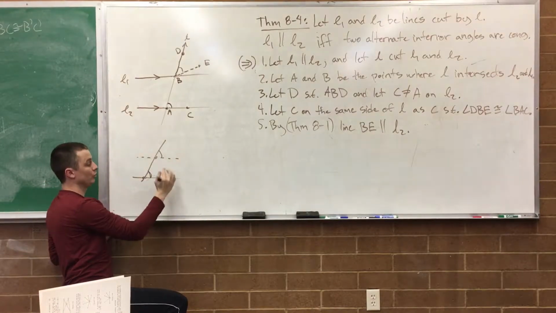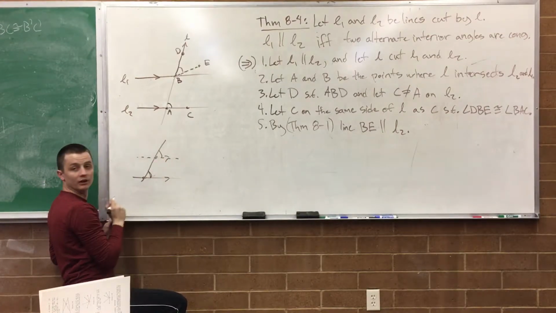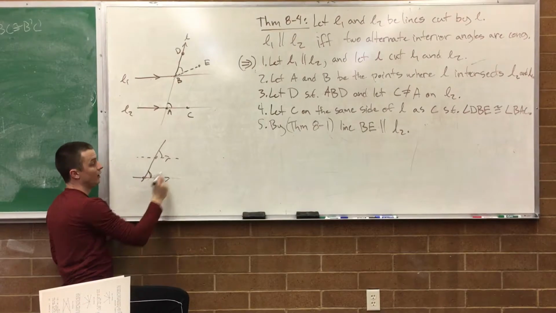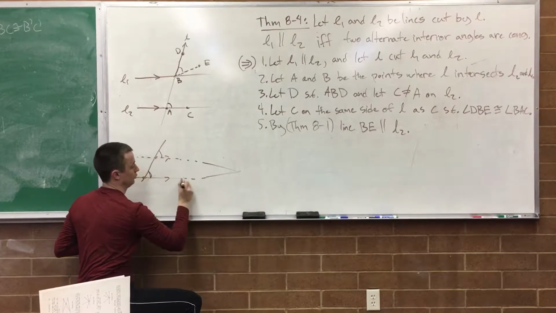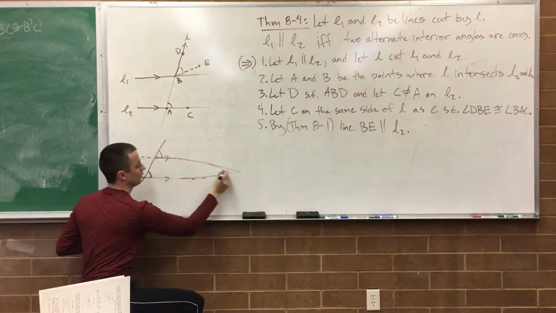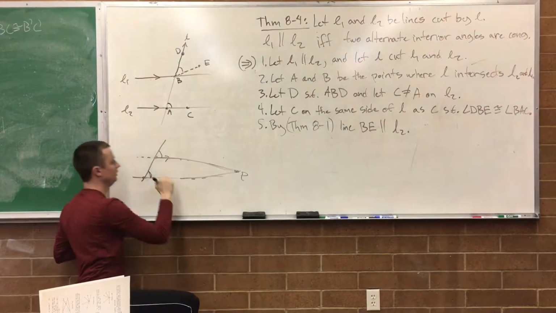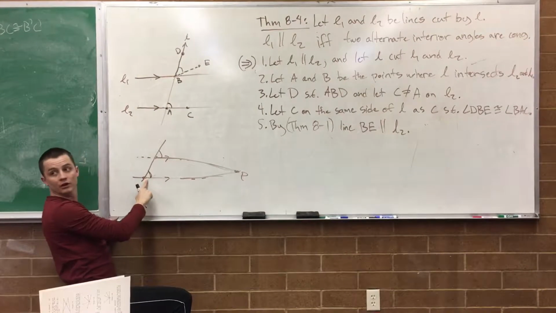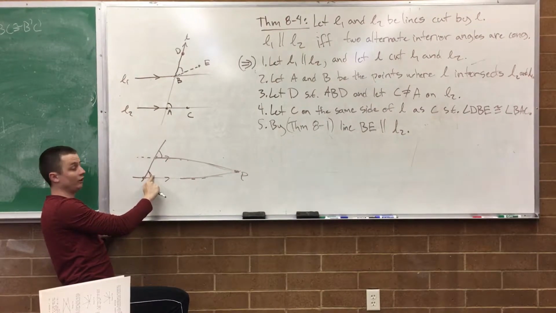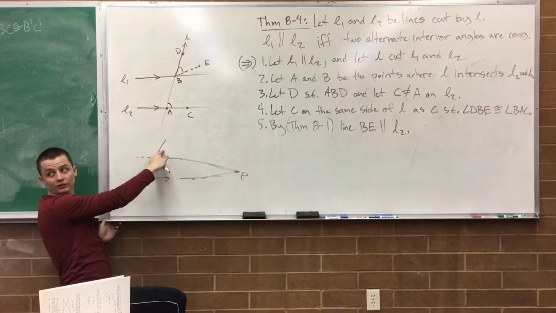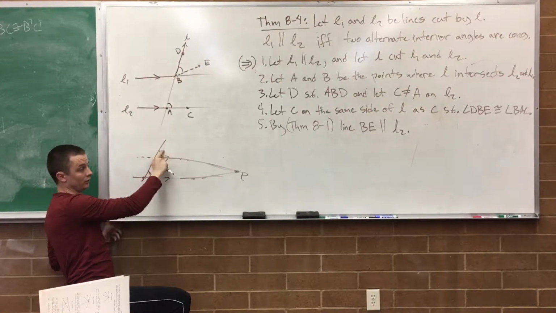And we said now these two lines have to be parallel, because if they're not parallel, then they intersect eventually at a point P, making a triangle that has an opposite interior angle congruent to its exterior angle, which doesn't work.